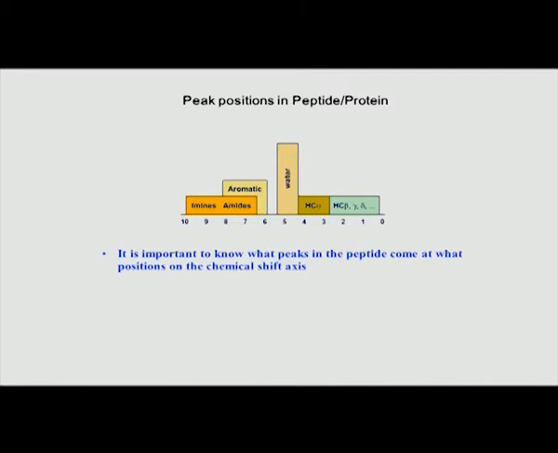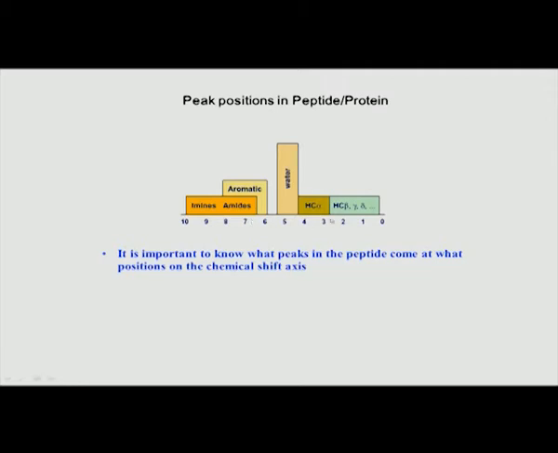Very rarely will you get unusual values. Of course, this is for naturally occurring amino acids. It may happen that for an unnatural amino acid or some special amino acid, it may deviate from these zones or demarcations, but by and large for all peptides you expect to get correlations or peaks for different functional groups in these zones which are marked here.